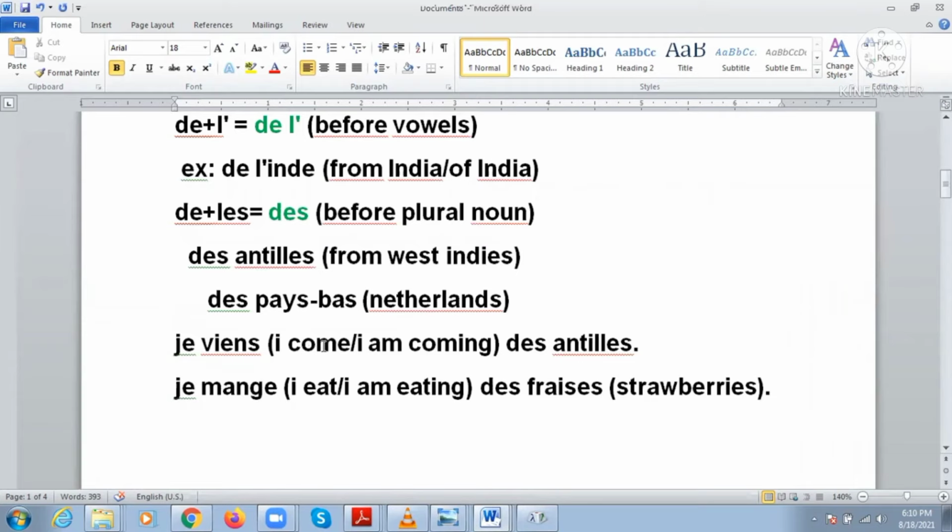If I say, je mange des fraises. Je mange is I eat or I am eating. So, des fraises, of course, I cannot say I'm eating from strawberry. I'm eating some strawberry, right? So here "des" is the indefinite form, and here "des" is the contracted form.